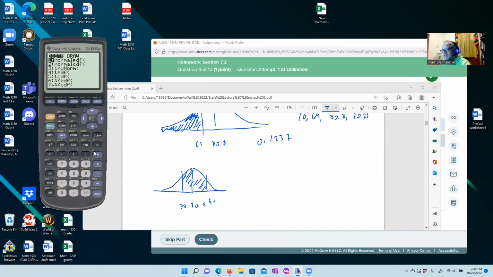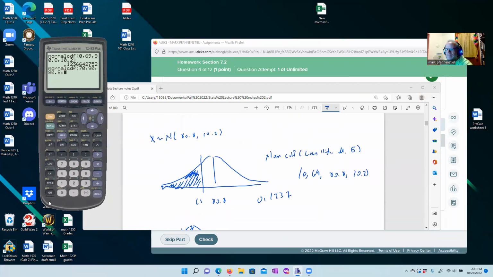So distribution, we want the low number, so in this case, normalcdf. We're going to say 70, comma, 90, and then comma, and then we had 80.8 and our standard deviation here was 10.2.